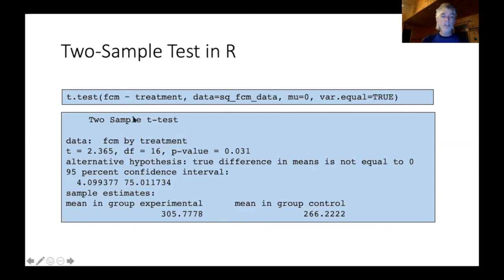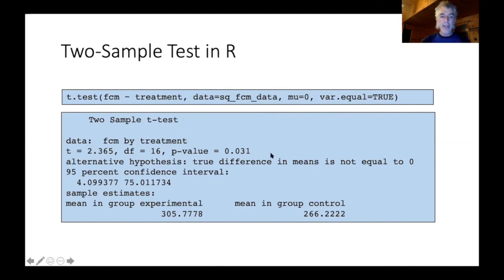So in addition to this model specification, I've also indicated the name of the data frame, that our null hypothesis is that there is no difference between the two sample means, and that I've specified that the variances are going to be equal, or we're assuming that the variances are equal.